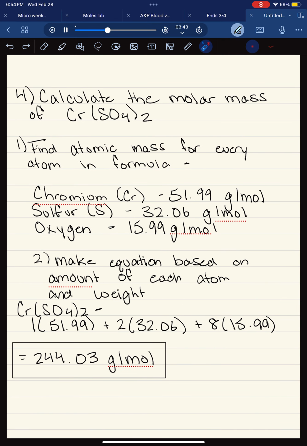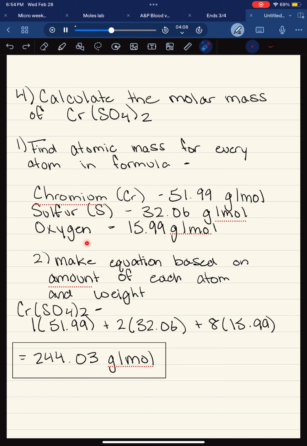Next, we're going to calculate the molar mass of our formula here. So our first step is to find the atomic mass for every atom in our formula. So we have our chromium, which is Cr, that's going to be 51.99 grams per mole. And then we have our sulfur, S, 32.06 grams per mole, and our oxygen, which is 15.99 grams per mole.